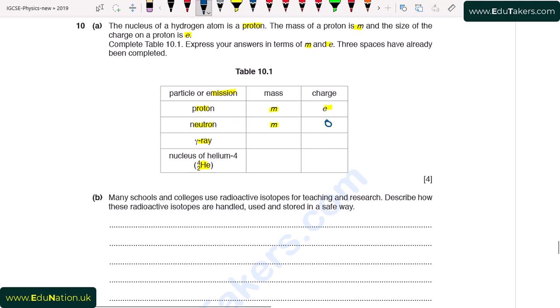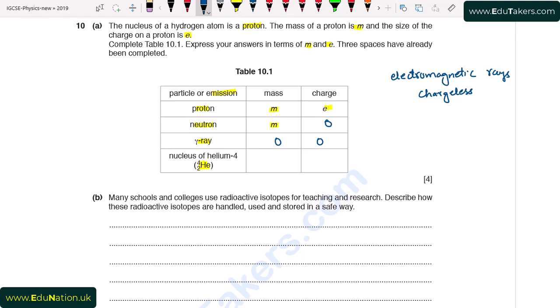Gamma rays are electromagnetic rays. These are chargeless, they don't have any mass, and they move with the speed of light. So their mass is equal to 0 and charge is also equal to 0.